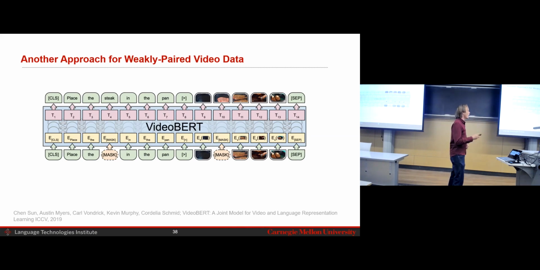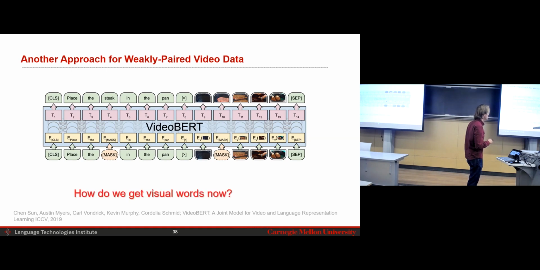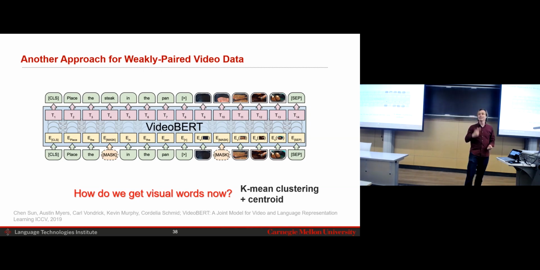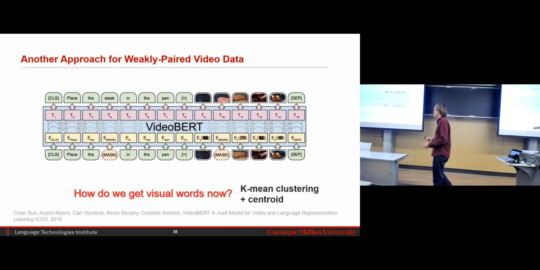And so one way to do it is VideoBERT, and VideoBERT was, as was mentioned earlier, how you create the visual words. In this version, they take the instruction video and use a simple k-means clustering and just use the centroid of that k-means clustering as the representative one.